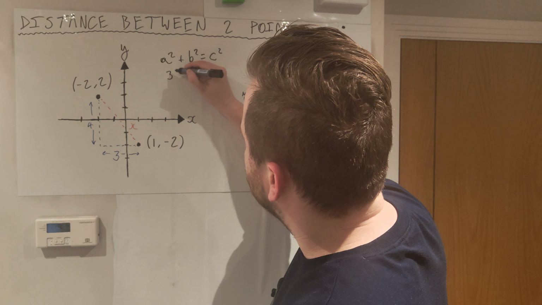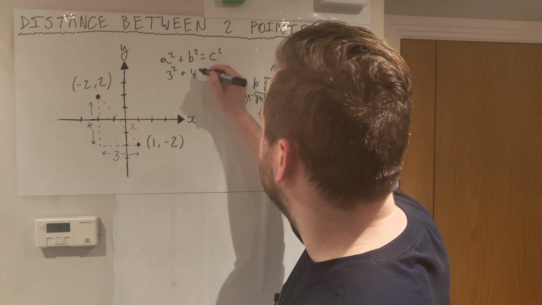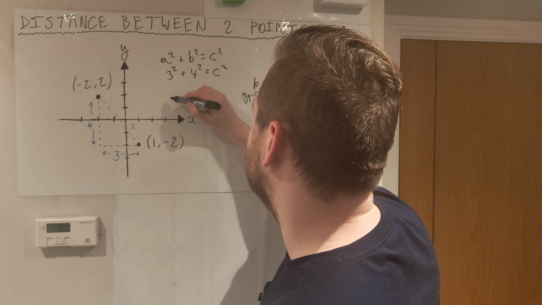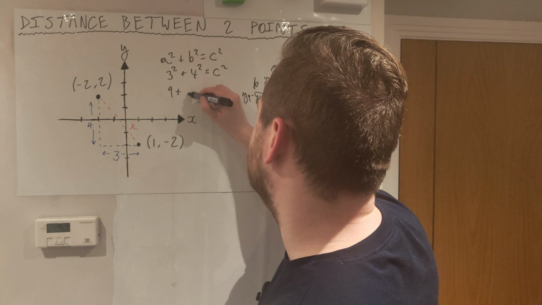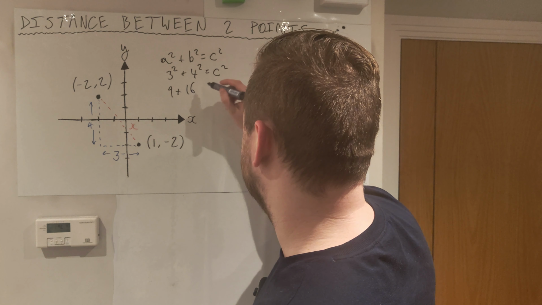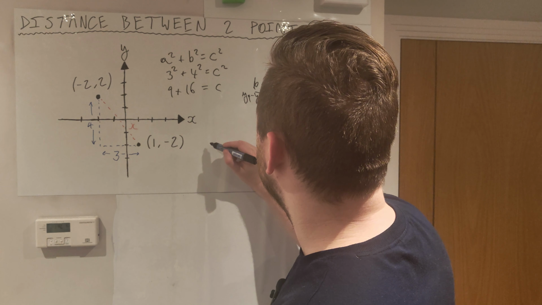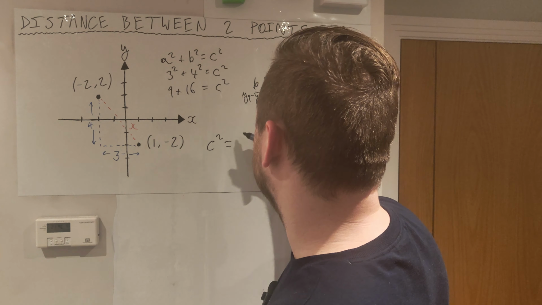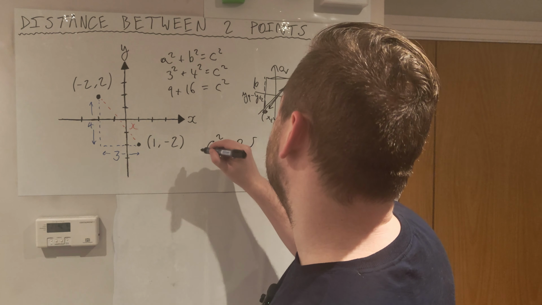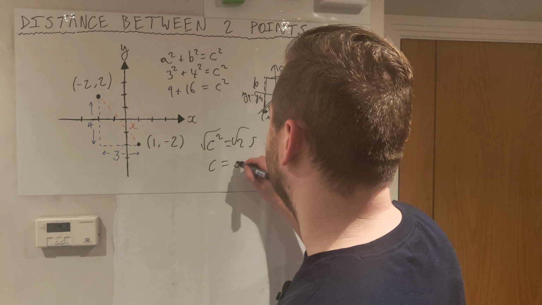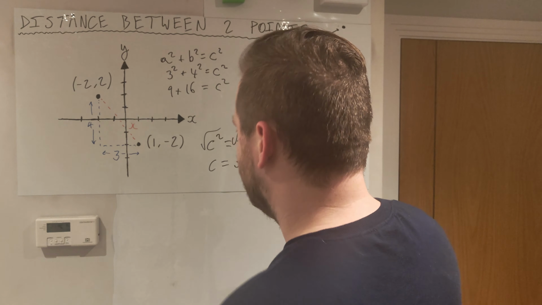So 3 squared plus 4 squared is equal to c squared. The left-hand side is going to be 9 plus 16, because 3 squared and 4 squared are 9 and 16. That's equal to c squared. C squared is equal to 25. Square root both sides. C is equal to 5. So this distance along here will be 5.